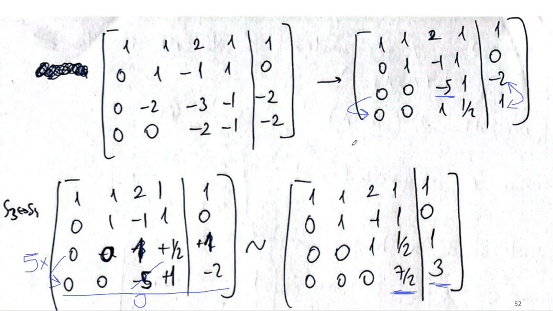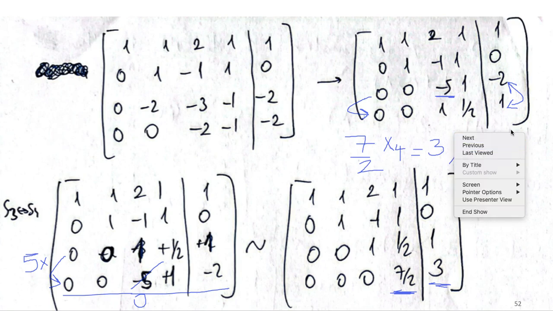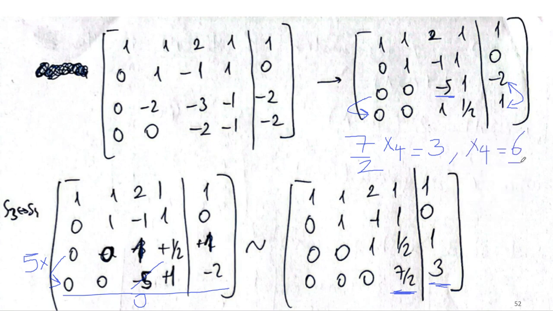Okay, so this implies 7 over 2 x4 equals to 3. So that means x4 equals to 6 over 7. Okay.